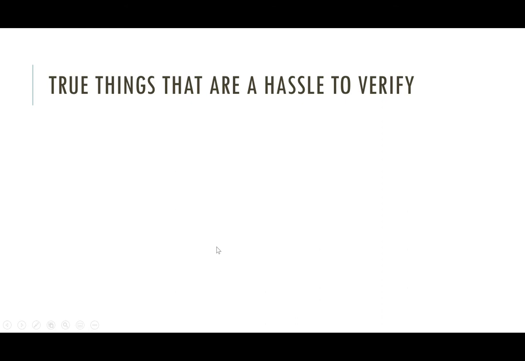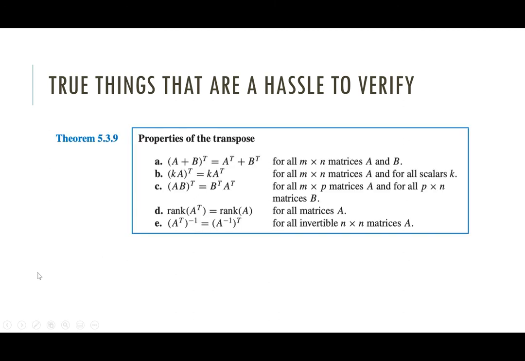Okay, here are some things that are true about the transpose that are no fun to verify. Your book does some of them. I don't really memorize these, but just know that they're there, and when you're working on problems, refer to this.